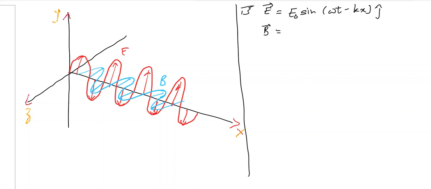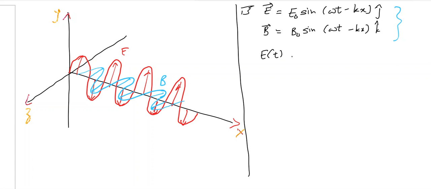B is B0 sin(omega t minus kx) along k cap. So this is the very first property of electromagnetic waves, that this is how you can represent the components of electric field and magnetic field.